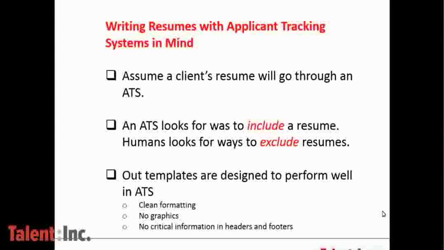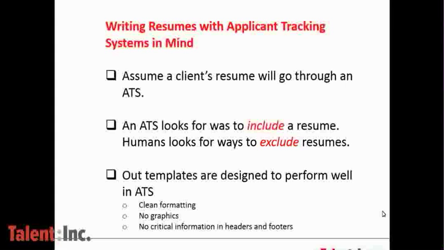So Talent Inc. templates are designed to perform well in applicant tracking systems and in the eyes of a human. We have clean formatting, we don't use graphics, and we also do not put critical information in headers or footers.